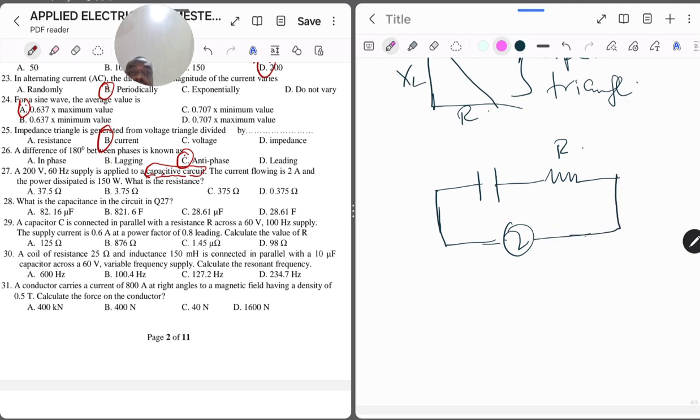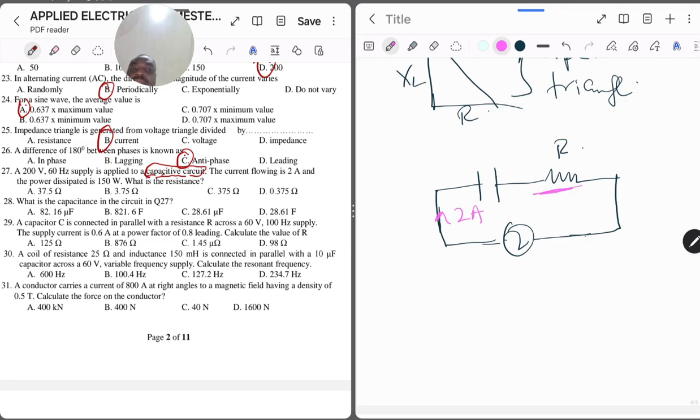So with this, we are being told that the current flowing is 2 amps, meaning the current here is 2 amps. And then the power dissipated is 150 watts. The power dissipated here is in watts, meaning it has to do with the resistance, right? This power is the power dissipated by the resistor.